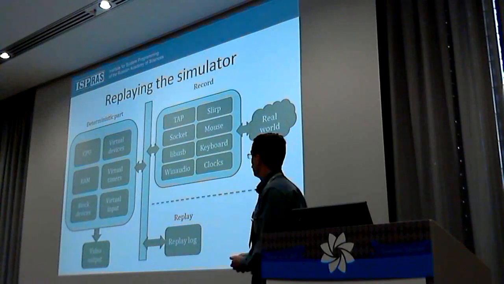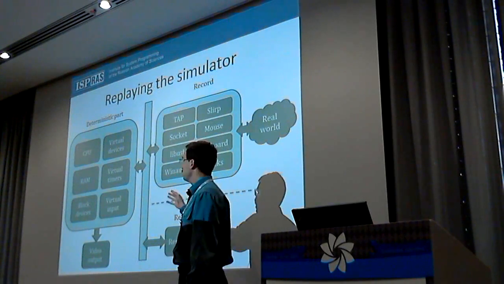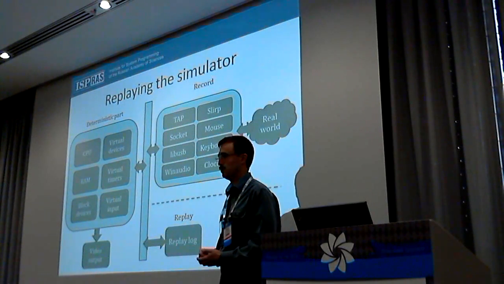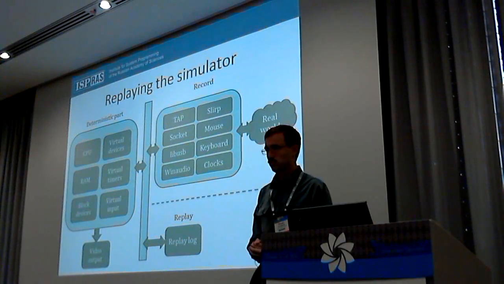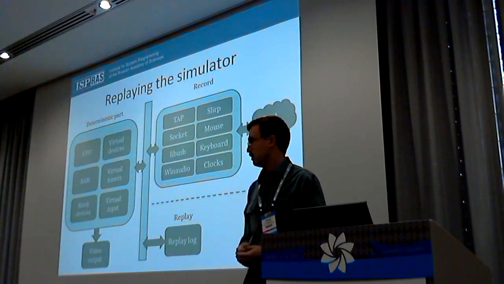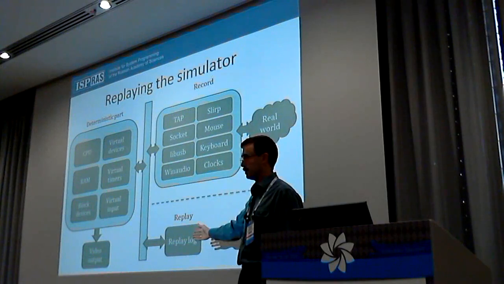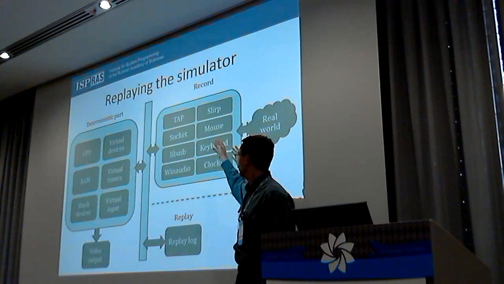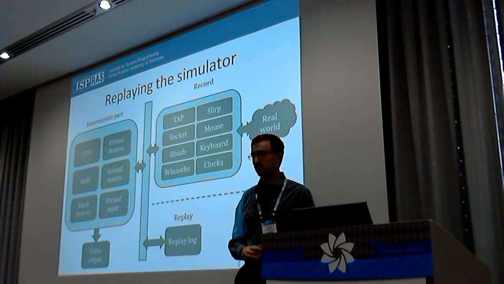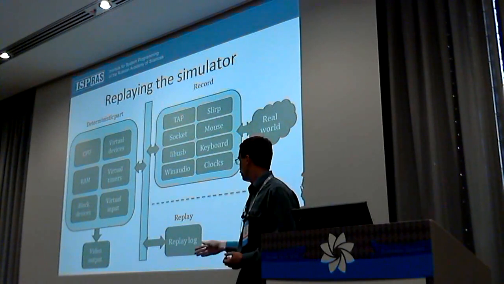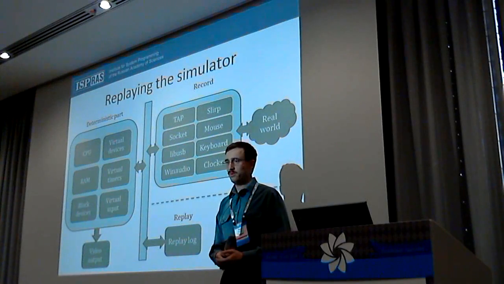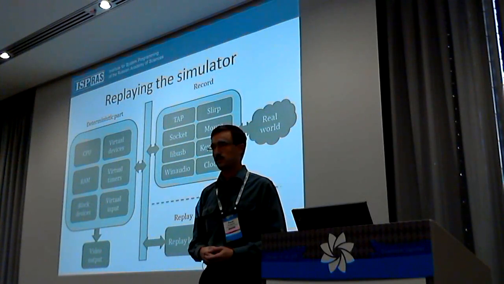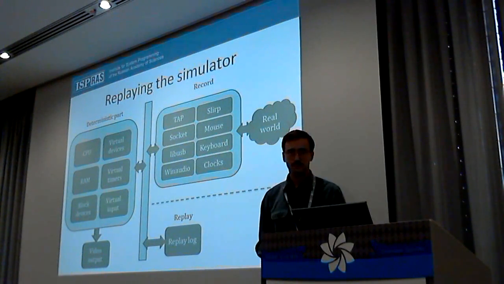We record all these inputs from the network, user input, USB, and put them in the replay log. In the record phase, all these inputs are connected to the simulator, and on the replay stage, we disconnect all of them and just take the data from the replay log.